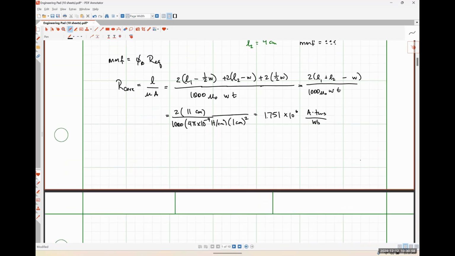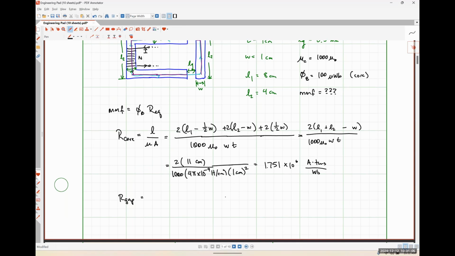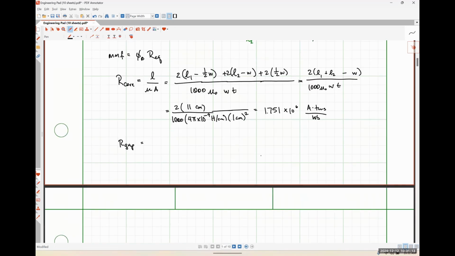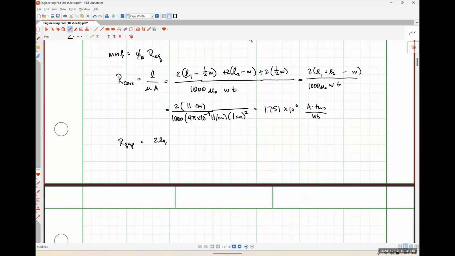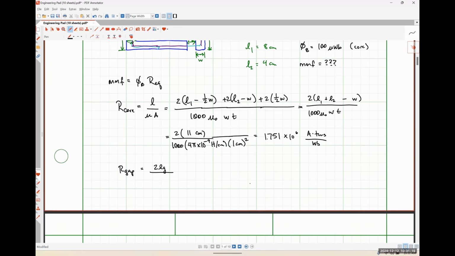Now, let's figure out what's going on with our air gap, right? So what is the total length of our air gap? 2 LG, because we have two identical air gaps, right? So twice LG. What's the permeability of our air gap? Because it's air, it's just mu naught.